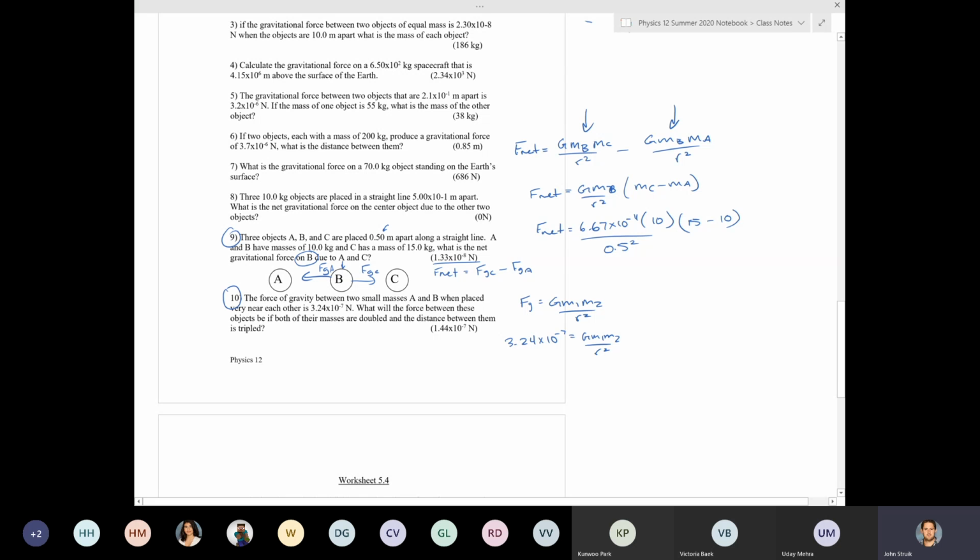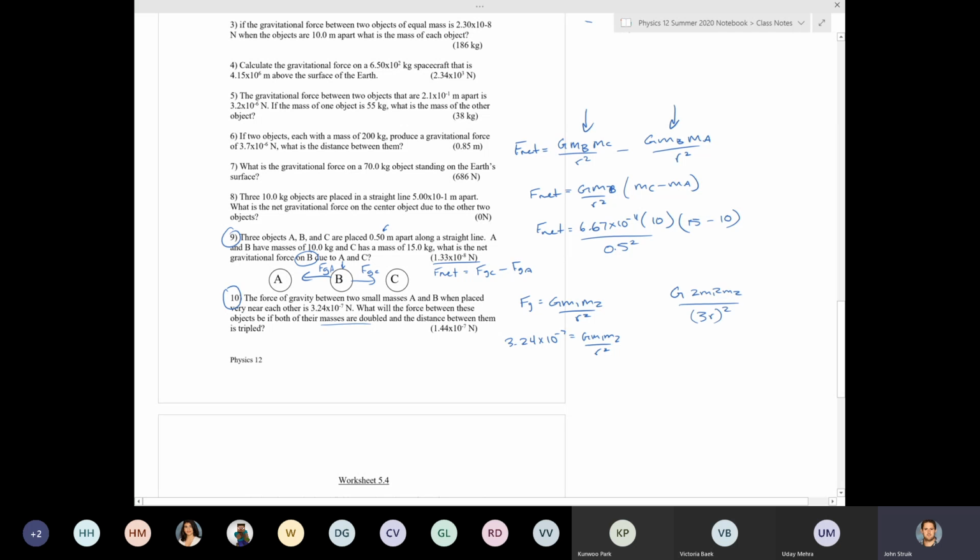Now, what are we going to do to that? Instead of Gm1 m2, we are doubling both their masses, so instead of having m, we're going to have 2m1 and 2m2. And then we're going to triple the distance between them, so we're going to go 3r squared.